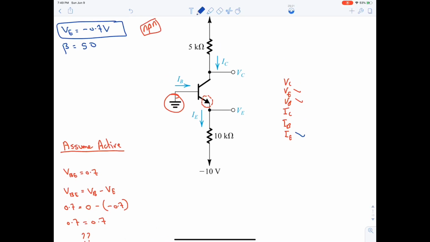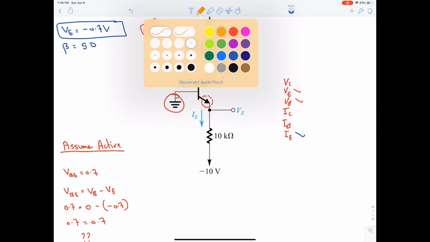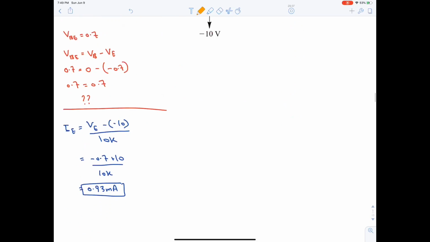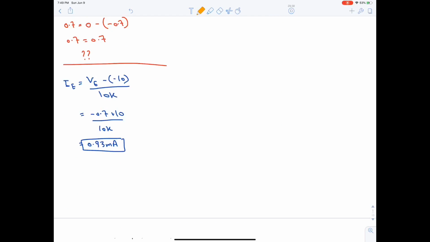Now we found IE. We have beta. If we have beta, we can calculate alpha. Alpha is equal to beta over beta plus 1. So it will be 50 over 51, which is equal to 0.98. Okay?